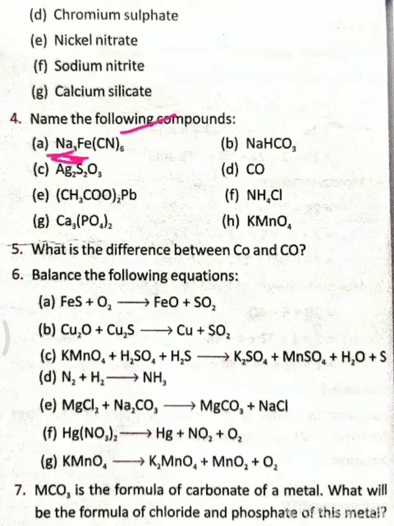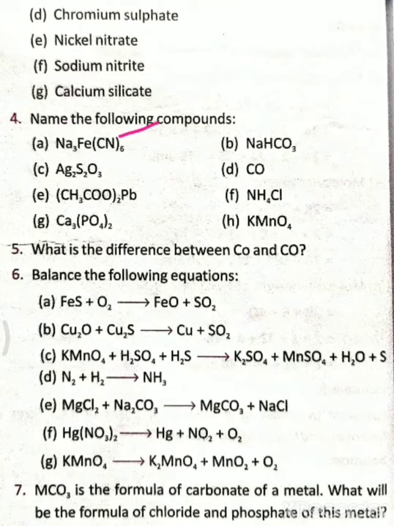Na3 is there, that's why it is ferricyanide. Remember, if K were there instead of Na, then that would be potassium ferricyanide. Here Na is there, that's why it is sodium ferricyanide.